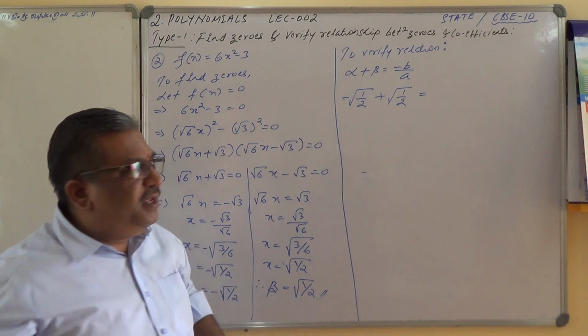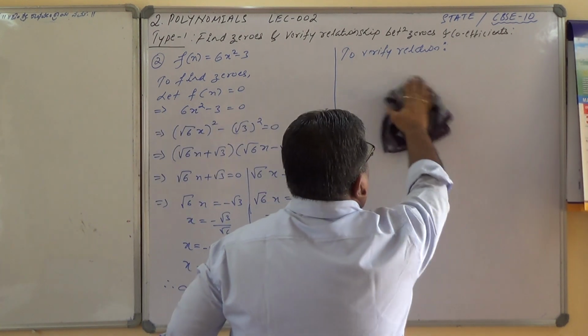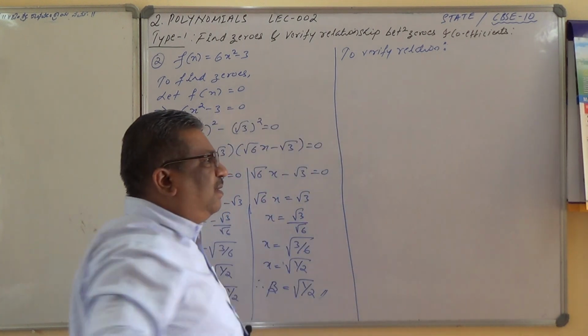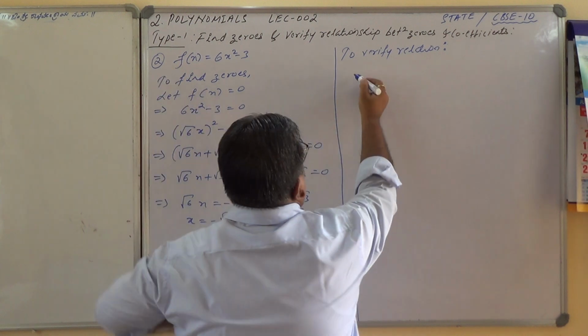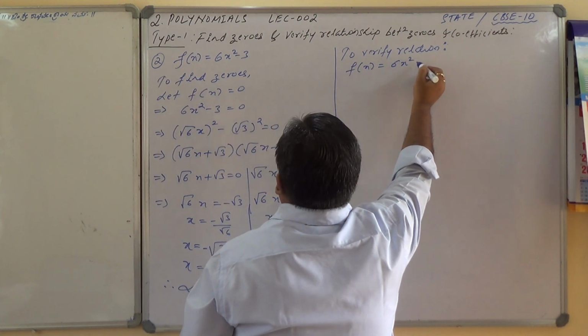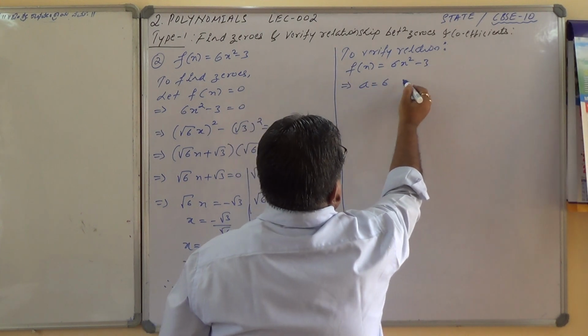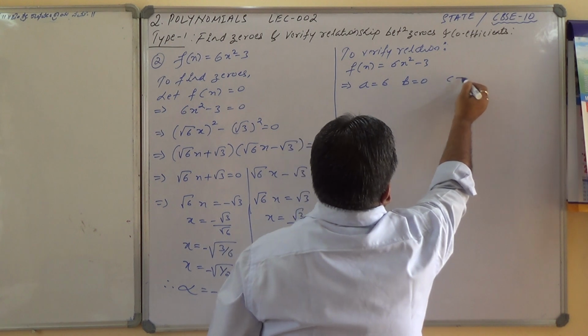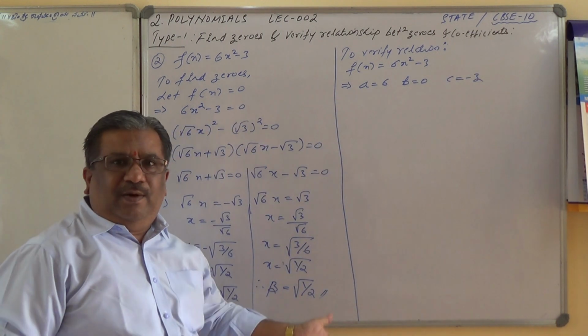This is a slight modification to the previous sum. To verify the relation, I'll write f of x equals 6x square minus 3, implies a equals 6, b equals 0, c equals minus 3. Are you able to understand now? Now I can populate the values here.